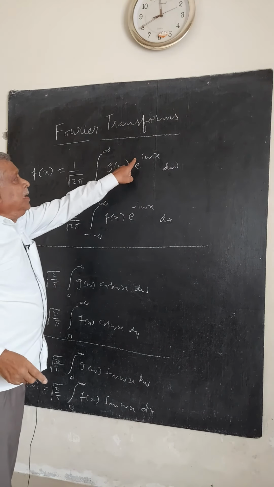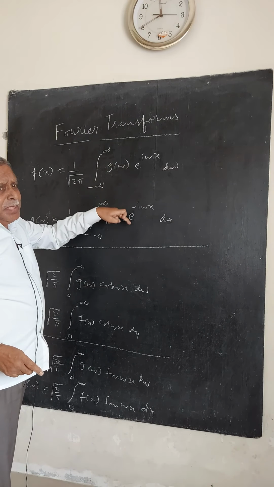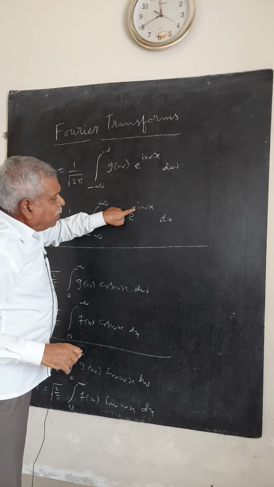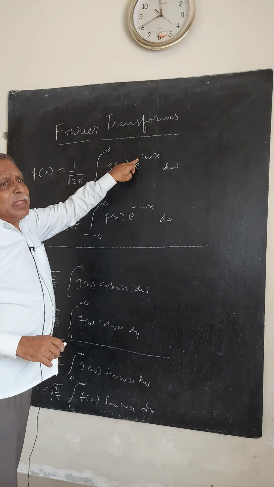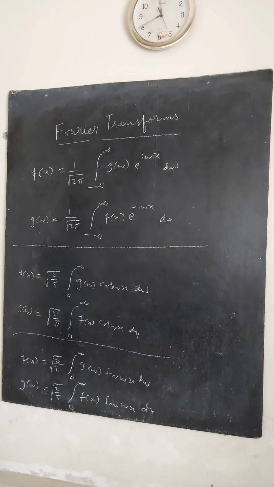Some authors write negative here and positive there; they will change the step. All are the same. This is positive, they may write it negative here. That is also true.